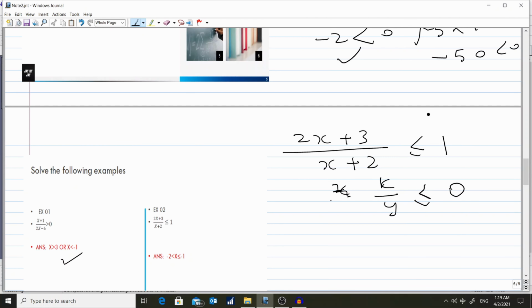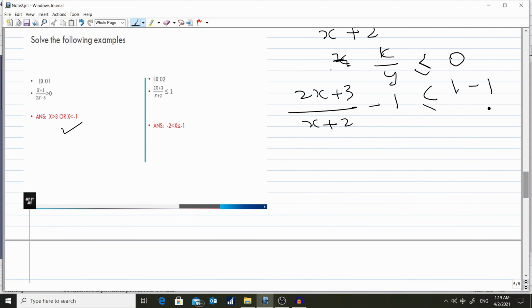So in order to do that, we need to take this value to this side, subtract both sides by 1. Therefore, (2x plus 3) over (x plus 2) minus 1 is less than or equal to 1 minus 1. So therefore (2x plus 3 minus x minus 2) divided by (x plus 2) is less than or equal to 0.